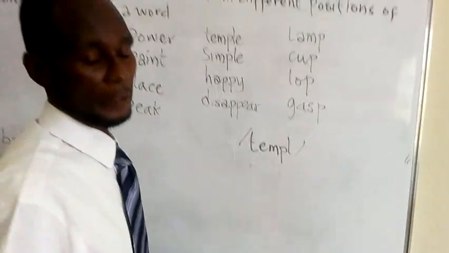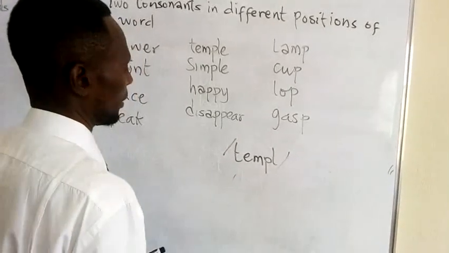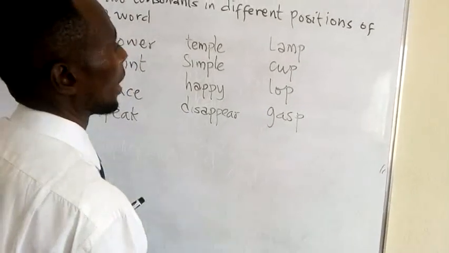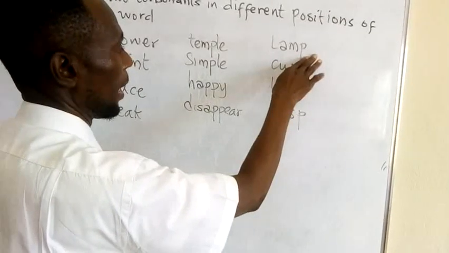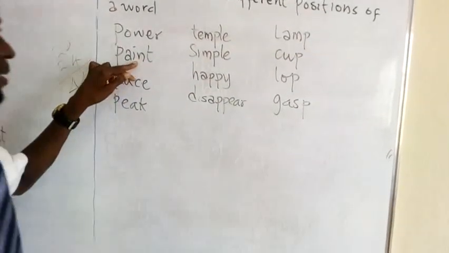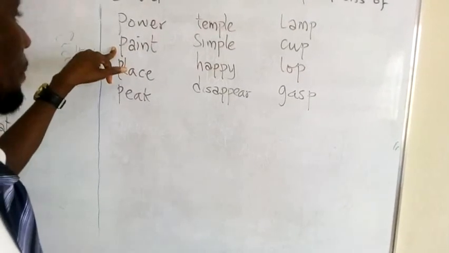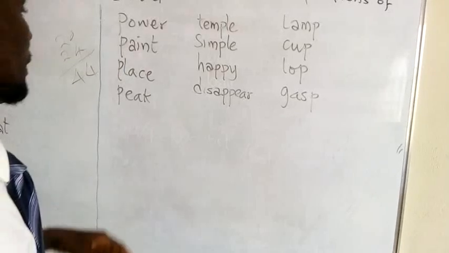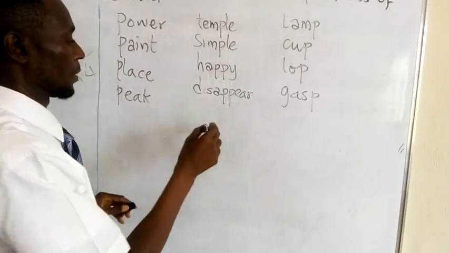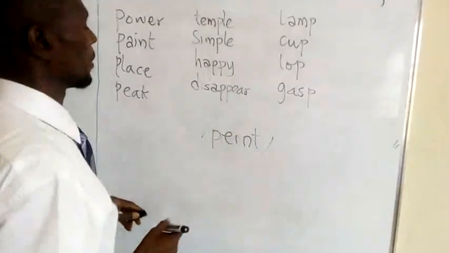Have you seen it there? Tempo. The E there is silent. Now learn. The next one is paint. You're starting the word there. Paint.